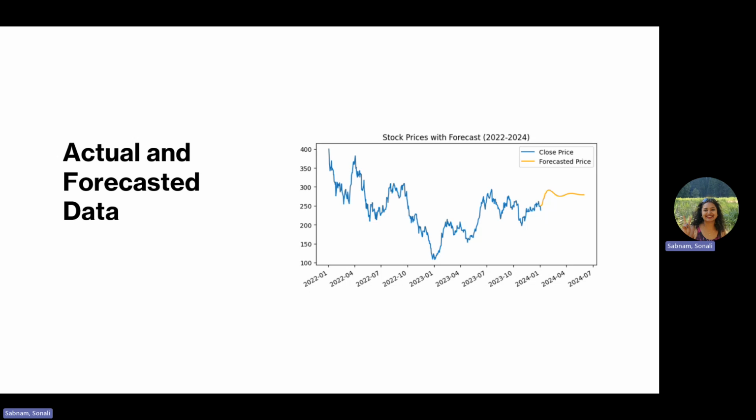The model effectively captures the historical data trend and predicts a stabilization in the near future. Such analysis is instrumental in identifying potential market behavior, aiding in strategic financial planning and investment decisions. The comparison between actual and forecasted data validates the model's accuracy and reliability for predicting future trends.